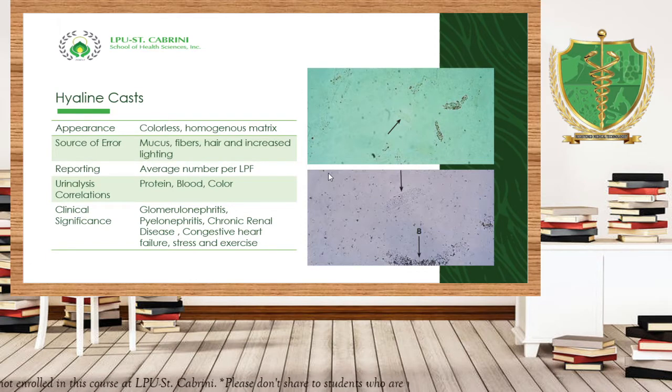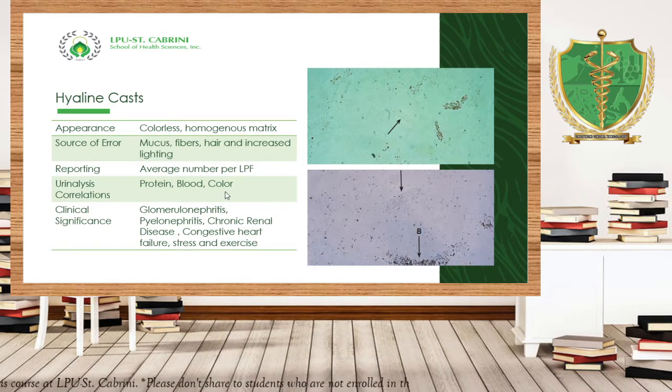The sources of error for hyaline cast are mucus threads, fibers, hairs, and increased lighting. Because it is colorless, when the intensity of light is high, it is hard to see hyaline cast. The urinalysis correlation should be with protein. So definitely, protein is there. Protein is high because of the presence of cast, since it is the backbone.